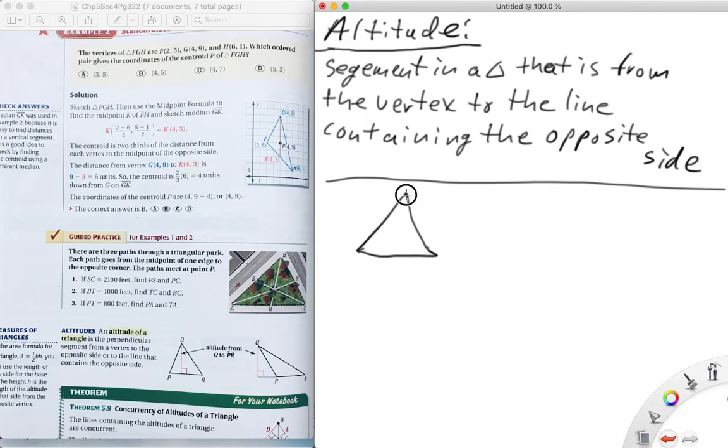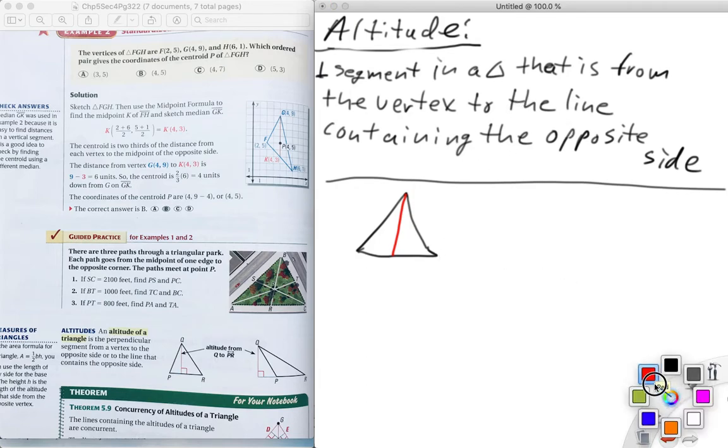Oh, I forgot to say, I wrote this wrong. Segment in a triangle, I should say perpendicular. It's a perpendicular segment in a triangle that is from the vertex to the line containing the opposite side.